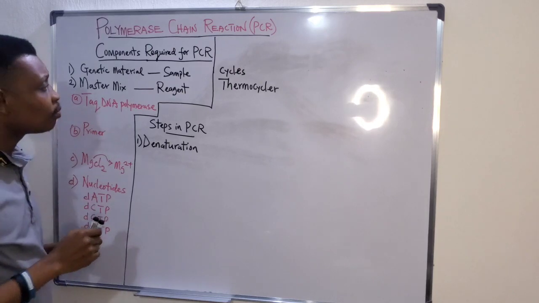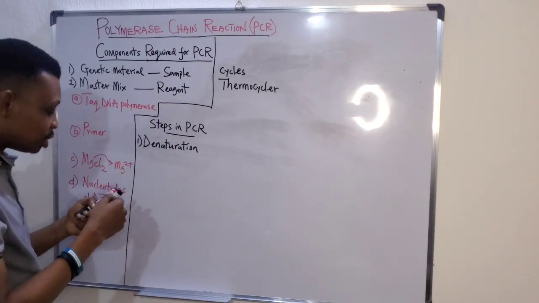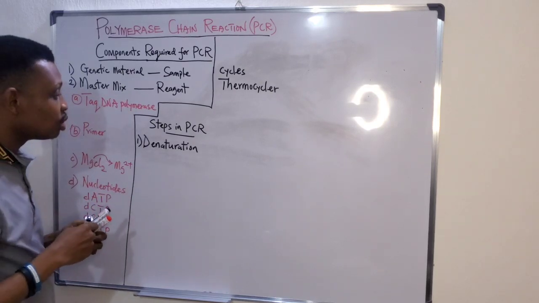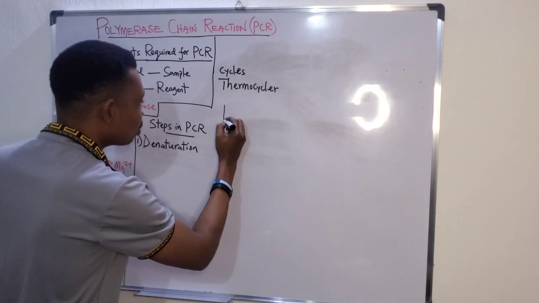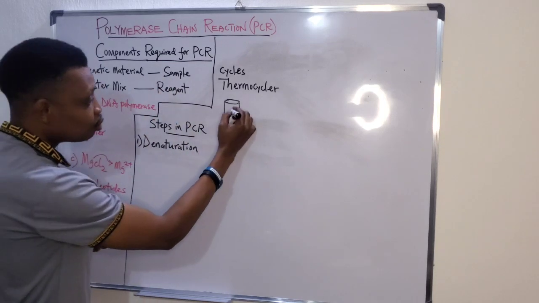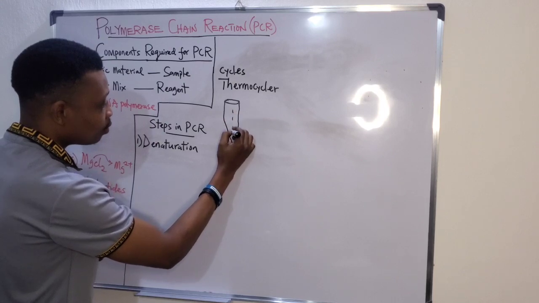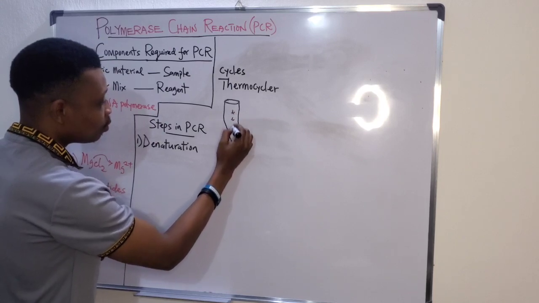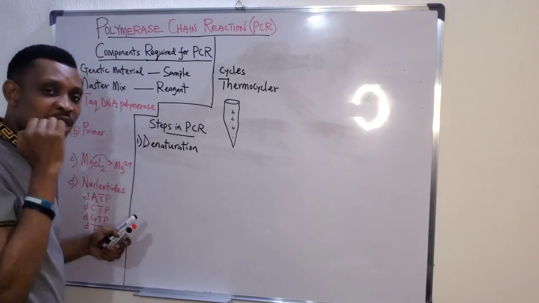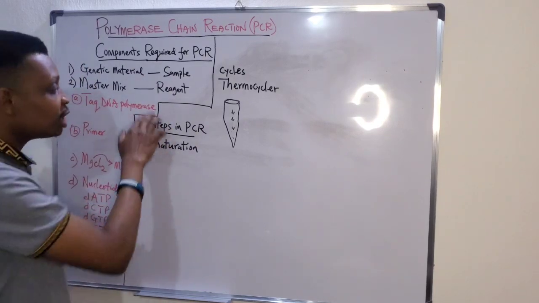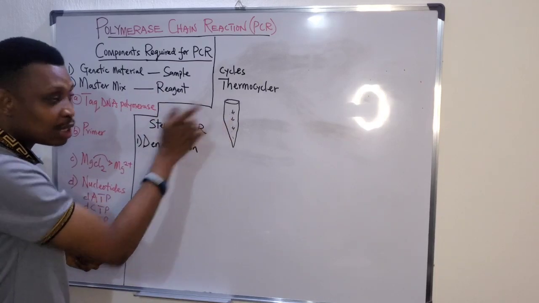That is to say, an aliquot of the sample will be added into the reagent in a test tube. So let's assume this is the tube. An aliquot of the sample will be added, okay, into the tube, and then a specific volume of the master mix reagent will also be added to this test tube.